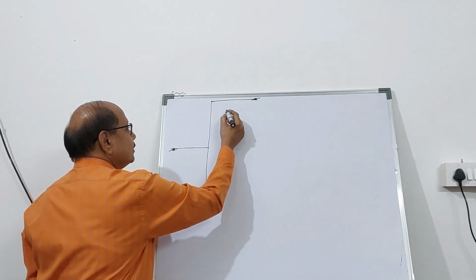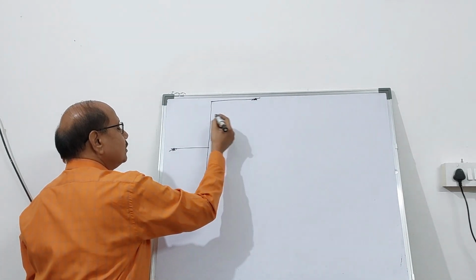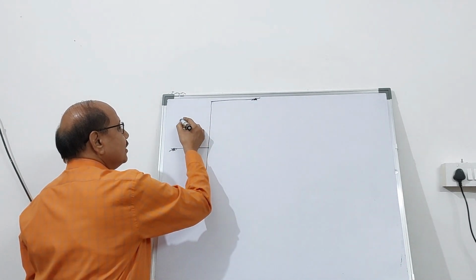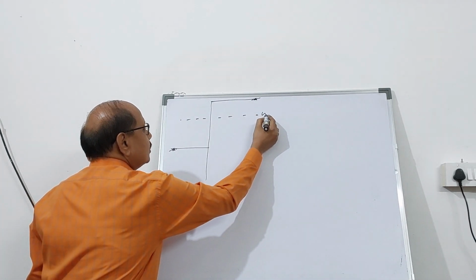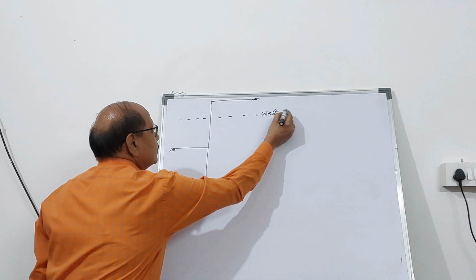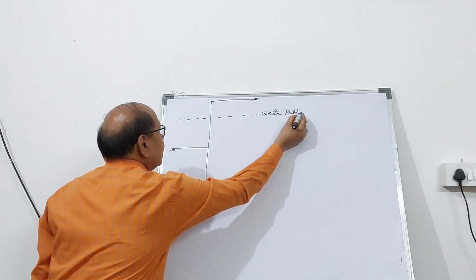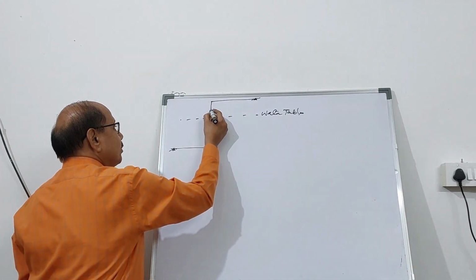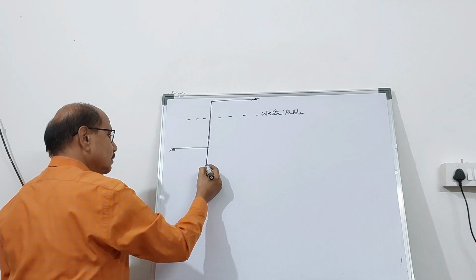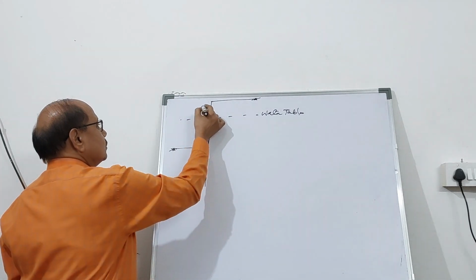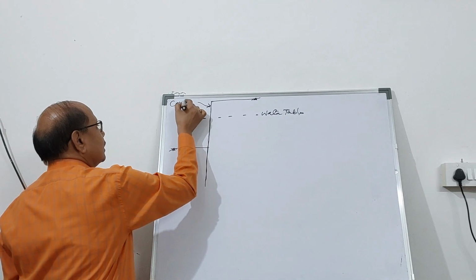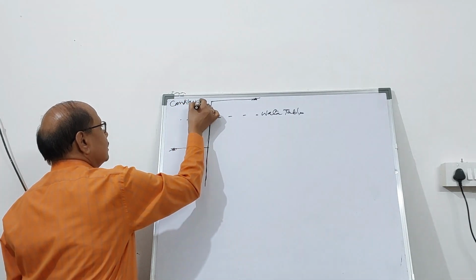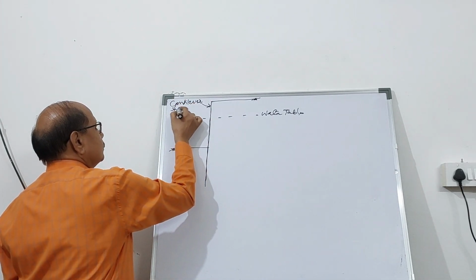Let's say in the last video you have seen that there is a water table, and this is the cantilever sheet pile.